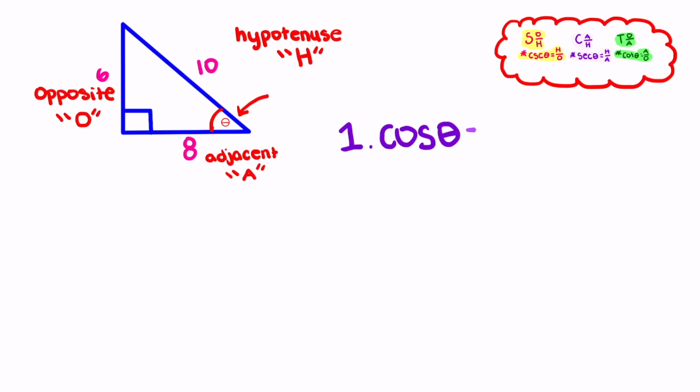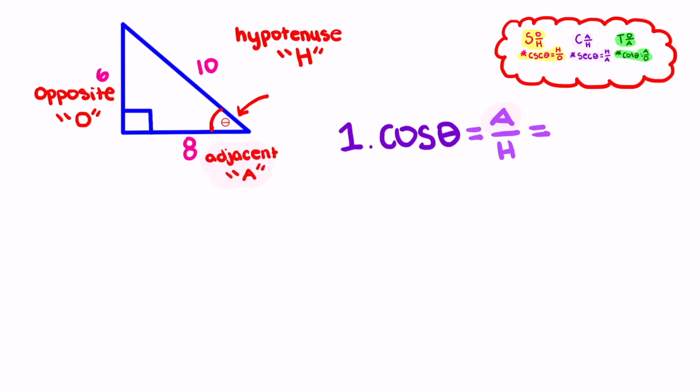So for cosine of theta, looking at that note I drew in, we know cosine is CAH, and CAH is A over H. So A is our adjacent, and H is our hypotenuse.